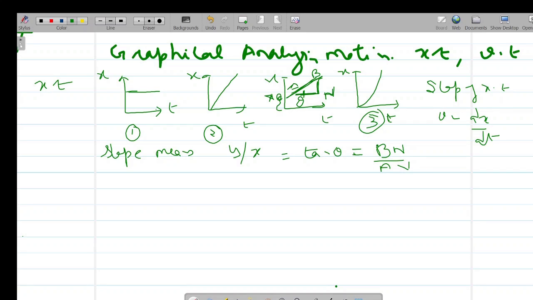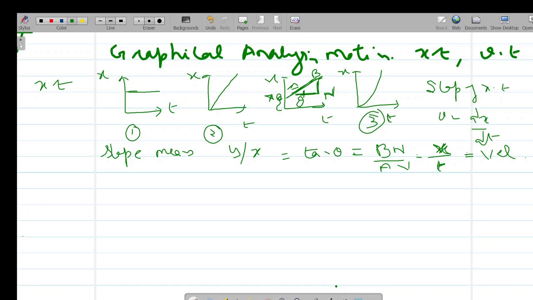AN is time and BN is nothing but position. So position divided by time, or distance divided by time, gives you velocity. So the slope of the position time graph gives you velocity.